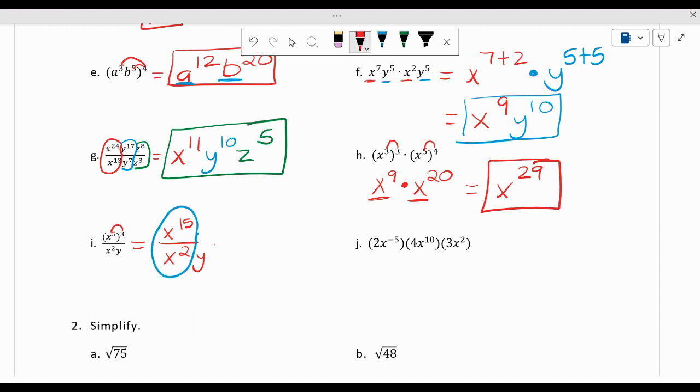Since they're being divided, I'm supposed to subtract the exponents. 15 minus 2 is 13. And then there's nothing I can do with the y, so it's going to stay in the denominator. So the answer is x to the 13th over y.